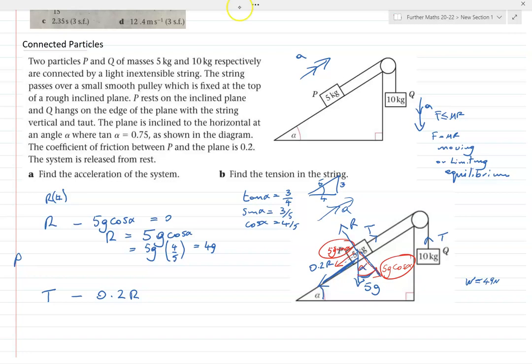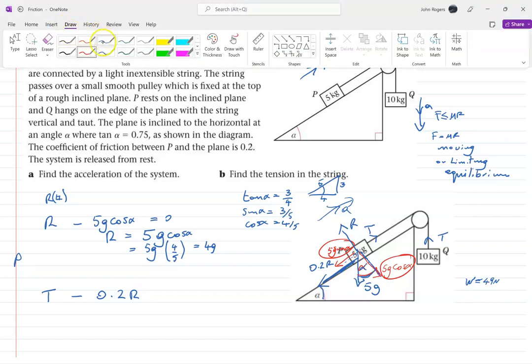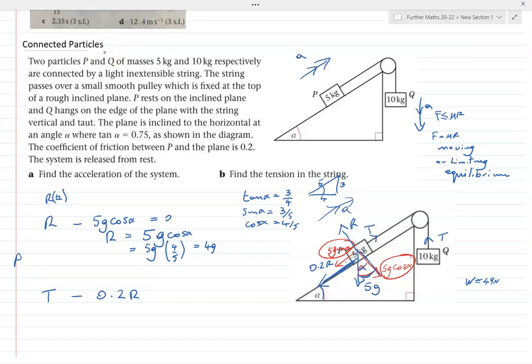So anyway, we can readily work with that. It's also going in the opposite direction to the acceleration, so it's minus 5g sine alpha, but it's not equal to 0 now because it's accelerating, so that's equal to 5a, not 5ga. G is what we use to work out the weight.